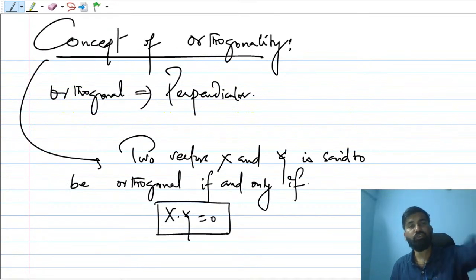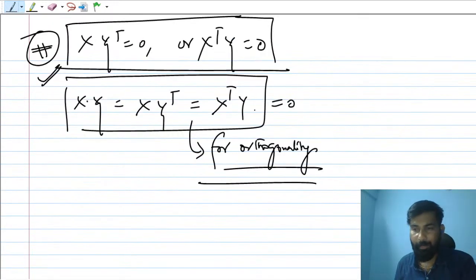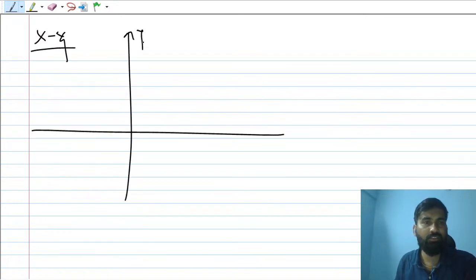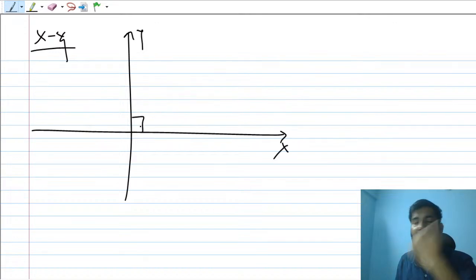The word orthogonal directly recalls perpendicular. If I talk about the two-dimensional xy plane, we can draw it like this. This is the y axis and this is the x axis. These two are orthogonal to each other.